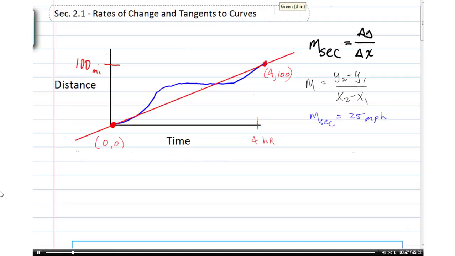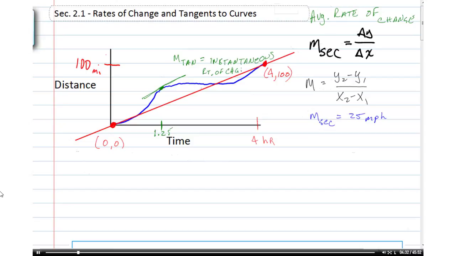In calculus, what we're going to be interested in, by the way, this is the average rate of change. If I wanted to know how fast I was going right here at hour 1.25, what I would be looking at would be the line that's tangent to this curve right here. That would be the slope of my tangent line, and the slope of a tangent line is an instantaneous rate of change.